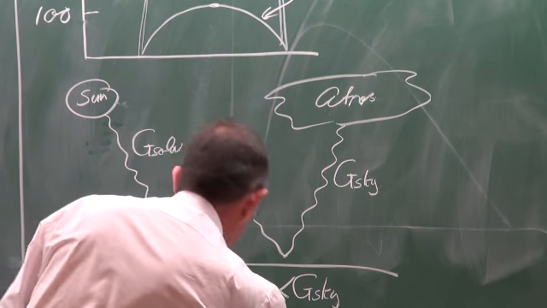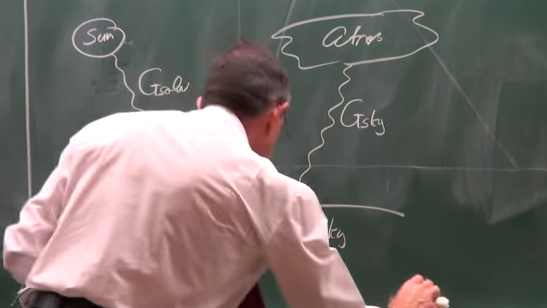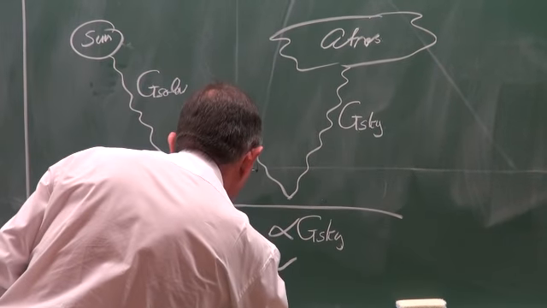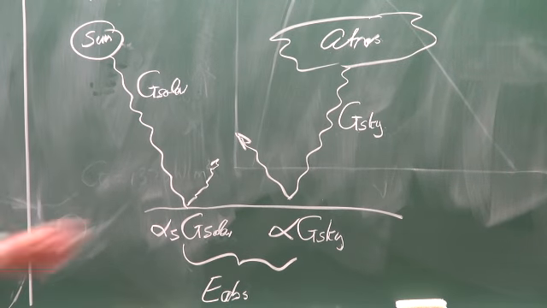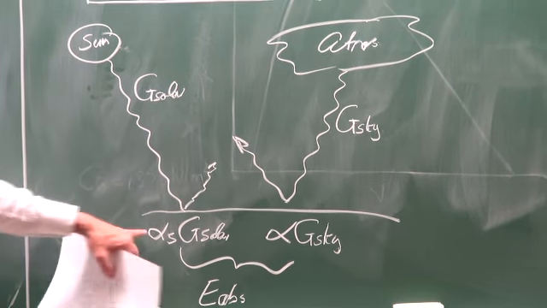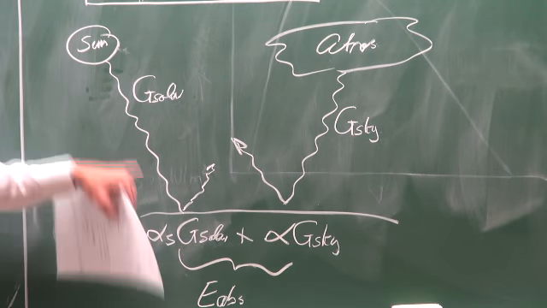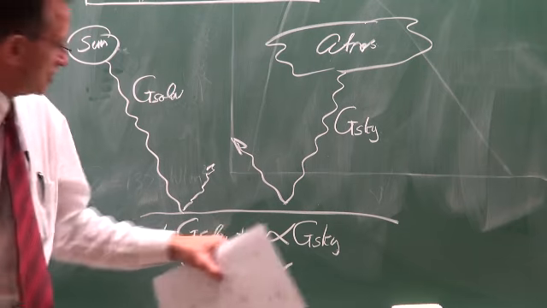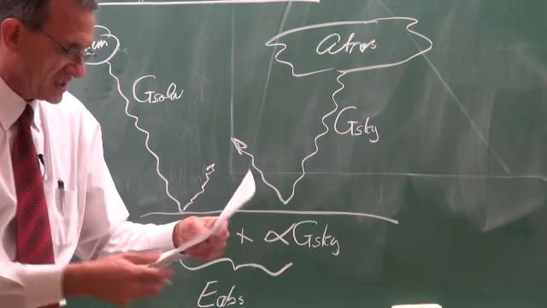Okay. And this sum is what is being absorbed by the Earth. This is what the Earth would absorb. Okay. Obviously not the part that is reflected, but these two components together, the absorptivity multiplied by G solar plus the absorptivity of the atmosphere multiplied by G sky.